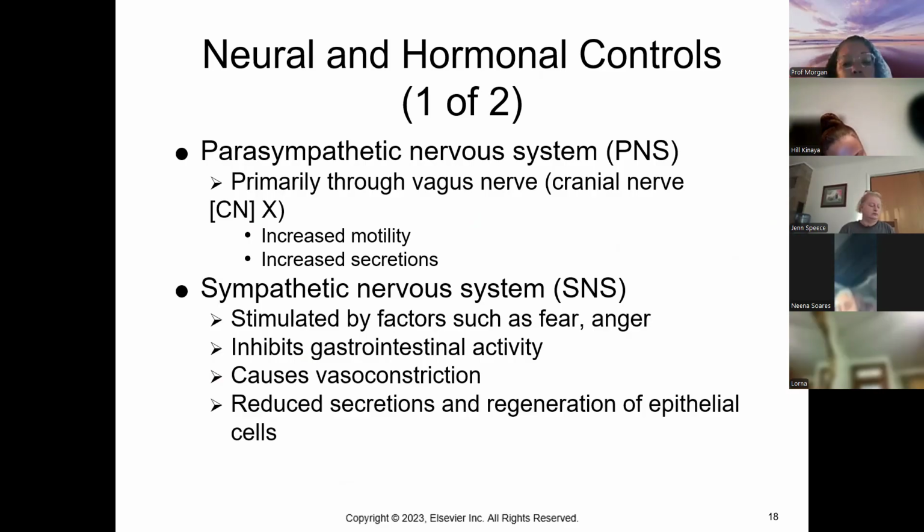So rest and digest, that's parasympathetic nervous system. During the initial cephalic phase, before you eat, pleasant smells or the thought of food affect the parasympathetic nervous system.